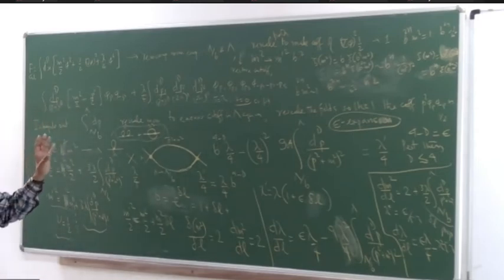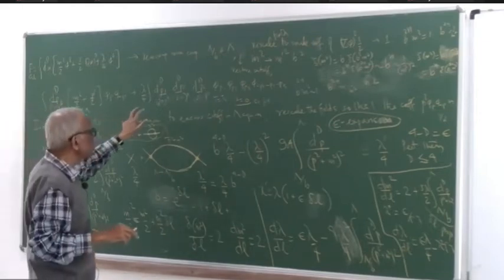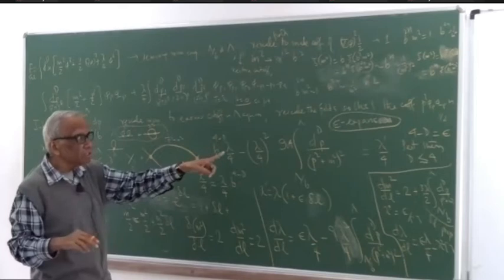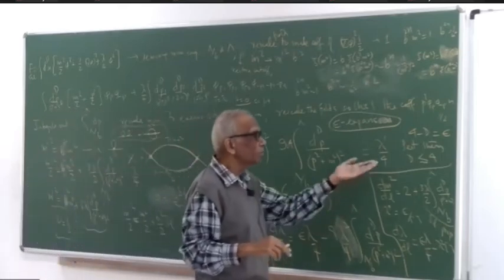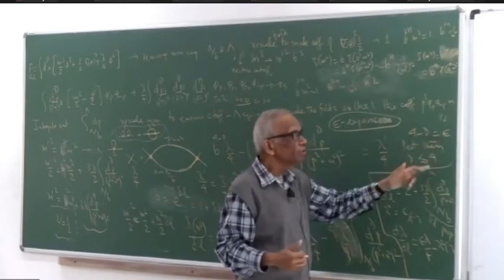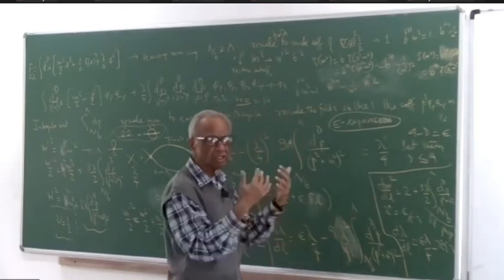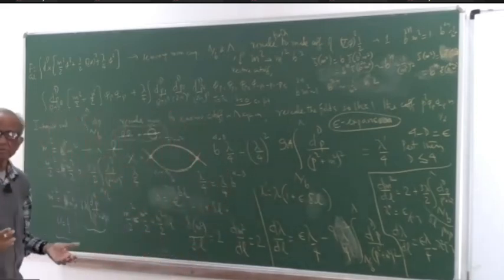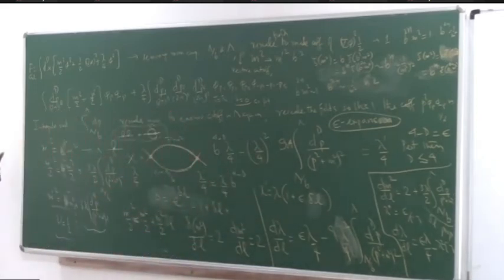For d less than 4, this term is important, but it turns out that it is weak because the fixed point value of lambda is proportional to epsilon for small epsilon. The corrections would be epsilon square, epsilon cubed, and so on. And therein lies the perturbation theoretic approach that I have generated out of nowhere, a perturbation scheme.